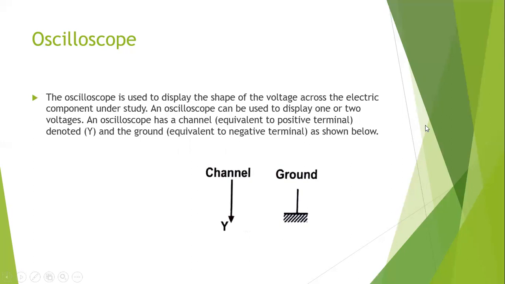The oscilloscope is used to display the shape of the voltage across the electric component under study. An oscilloscope can be used to display 1 or 2 voltages. So, an oscilloscope has a channel equivalent to the positive terminal denoted by Y, which is here the Y channel, and the ground equivalent to the negative terminal as shown below.